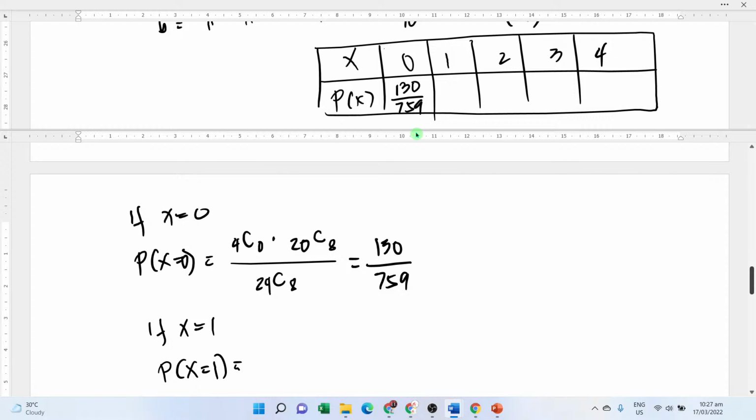Next, if x is equal to 1, so p of x equals 1 will be 4 combination 1 times 20 combination 7 this time. I hope you are seeing the pattern already. In the denominator, if this is n combination r, n is the sum of the numbers to the left of the combination symbol. 4 plus 20 is 24.